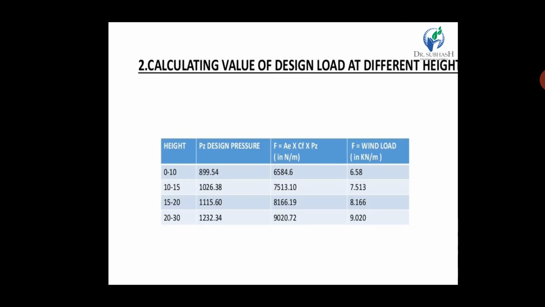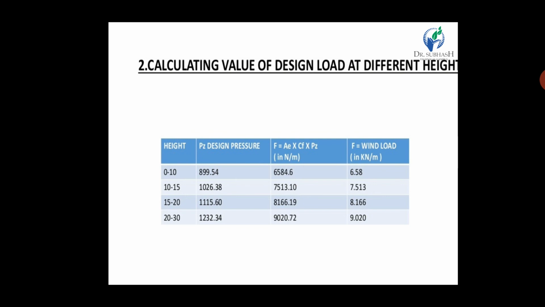Now we calculate the design load at different heights. We make one table with height, PZ, CF, and wind force F in kilonewton per meter, because we have to calculate F in Newton per meter. At different heights we have already calculated PZ. Just multiply by A into CF. Our CF value is 1.2, A we calculated as 6 meter square, and PZ is already given.